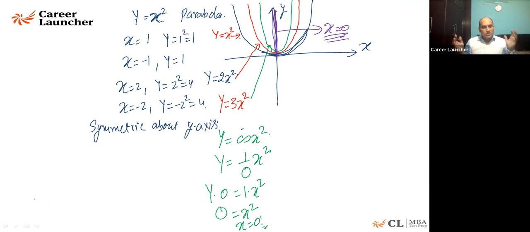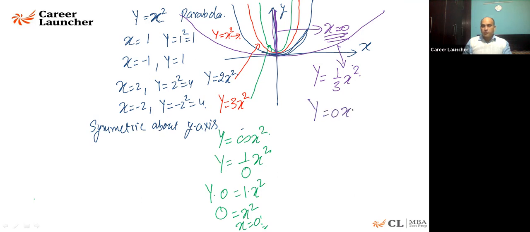So as you start increasing the coefficient of x squared, the curve will become steeper. Now one more case. What if I reduce it? I'll say this will expand like this. If you say it is 0x squared, I'll say y is equal to 0.